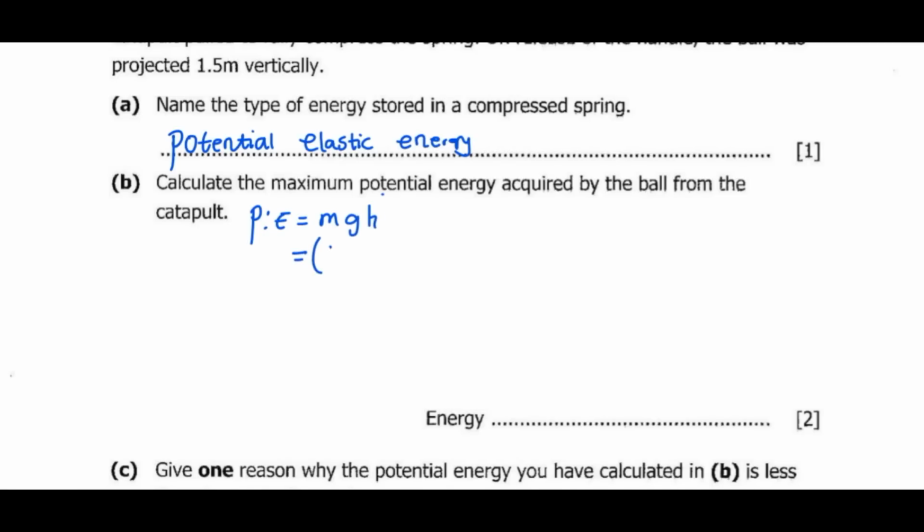Our mass is 0.2, gravity is 10, and height, we are told it was projected 1.5 meters. So 0.2 times 10 times 1.5. That gives me 3 joules as our potential energy.